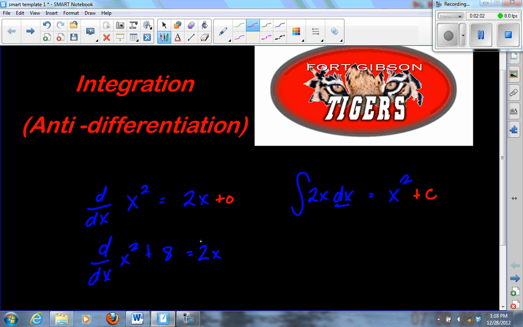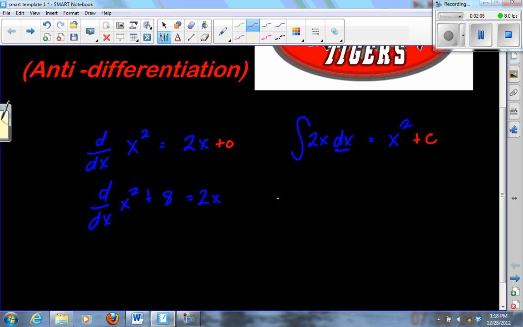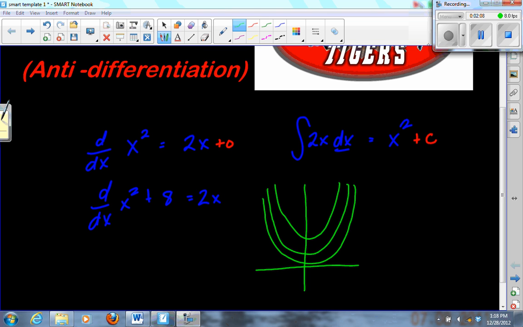So let's look at a picture of why you need the plus c. It's really hard to draw with this, but let's say this is x squared and x squared plus 1 and x squared plus 4 or something, 3, something up here. You'll notice that the slopes are always the same at a particular x-coordinate.